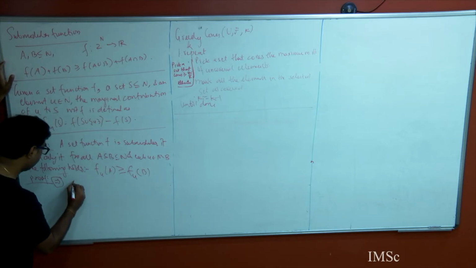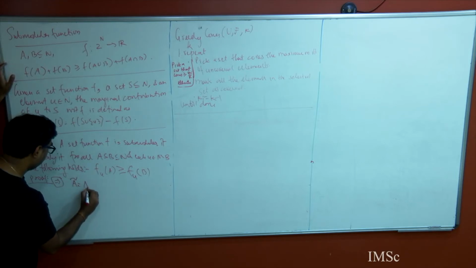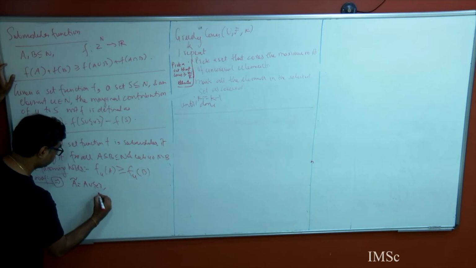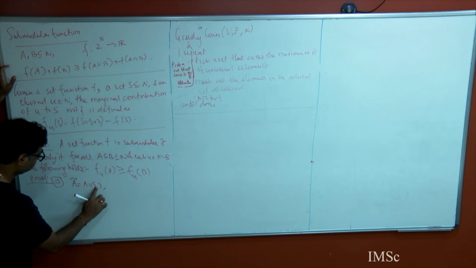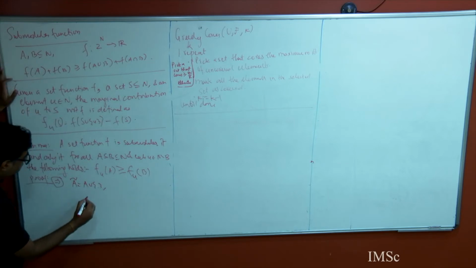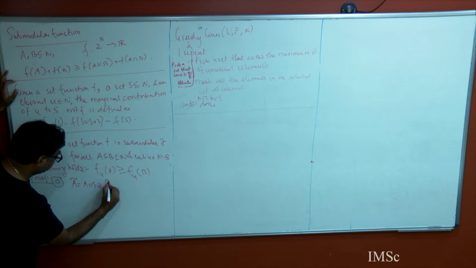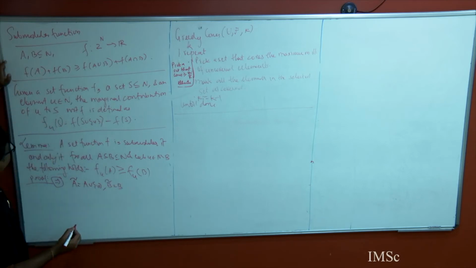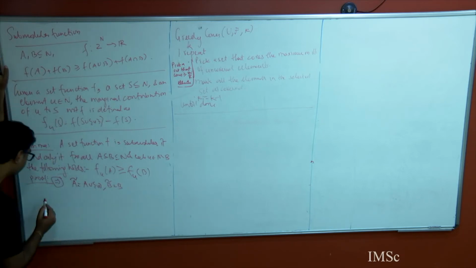So now let's say I take A tilde as A union U, and B tilde is B. And now let's apply this function. So what does it tell us?